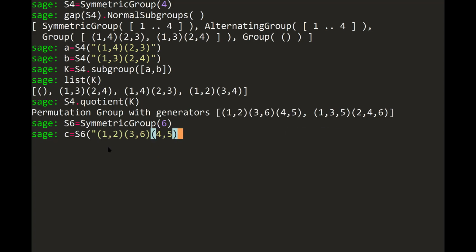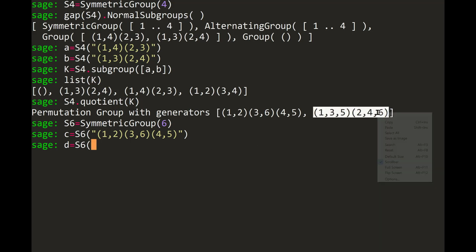This is an element of order 2. It's getting too late in the morning. That's okay. And then we are taking the other element, which is of order 3.